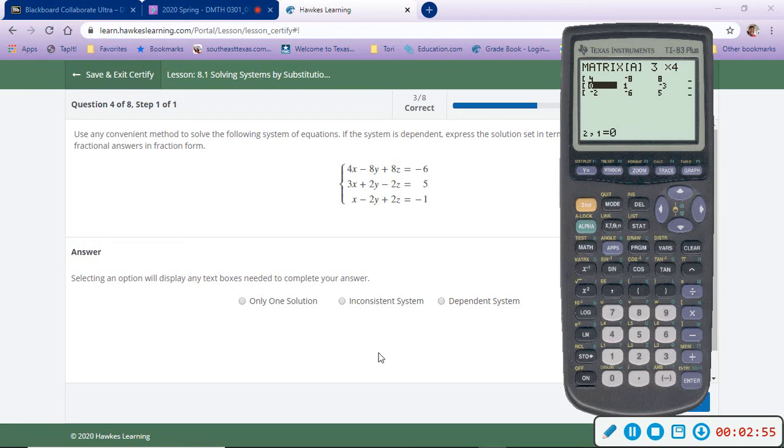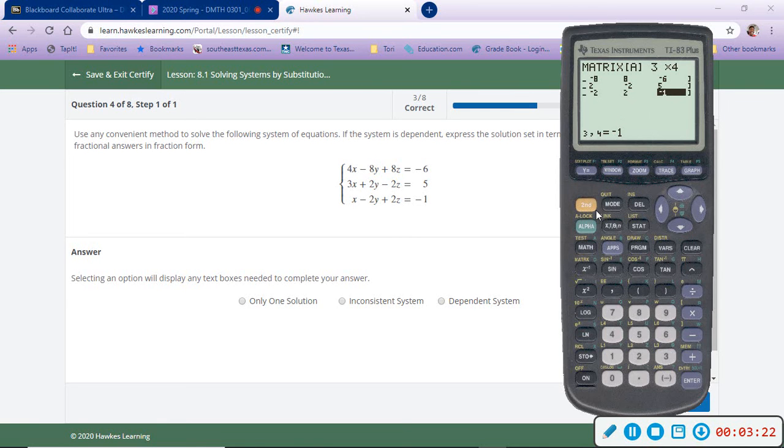The next row we have 3, enter, 2, enter, -2, and then 5. And then on the last row we have a +1 for the coefficient there, -2, +2, and then -1. Always good to be careful and double check to make sure you have everything correct.